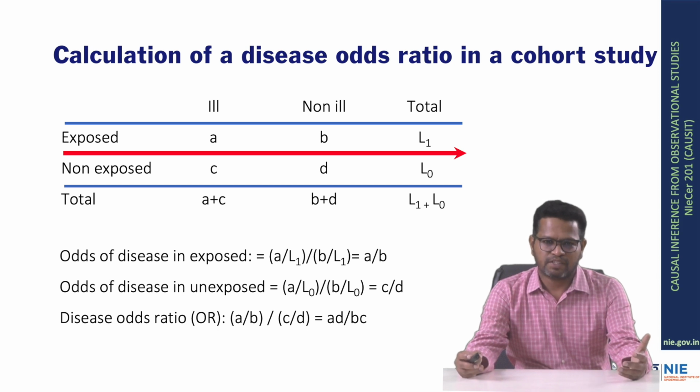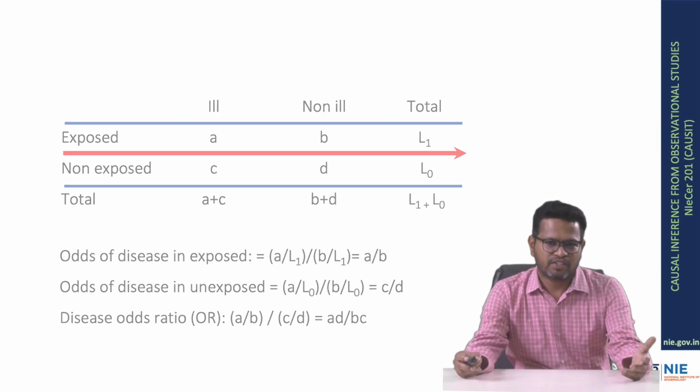Simply, the odds of disease among those exposed is A by B. Similarly, we can calculate the odds of disease among those unexposed, C by D. Dividing the odds of disease among those exposed by the odds of disease among those unexposed gives us the disease odds ratio, that is AD by BC, or simply the cross products ratio.